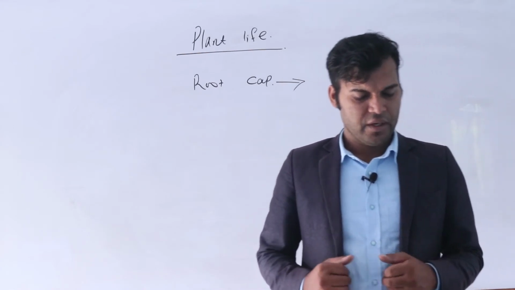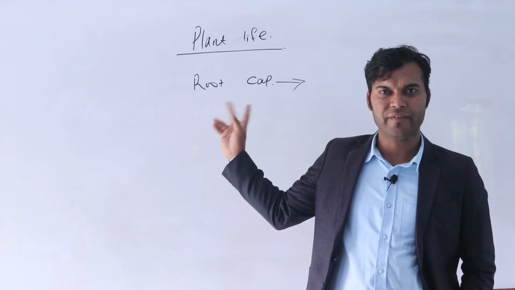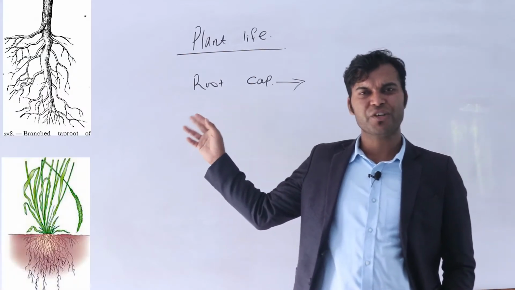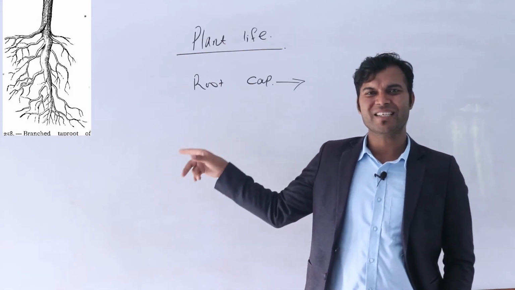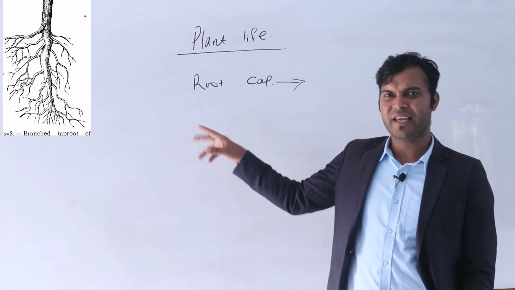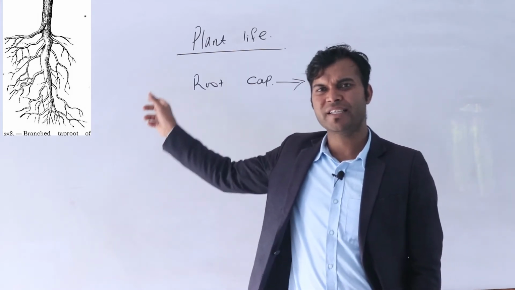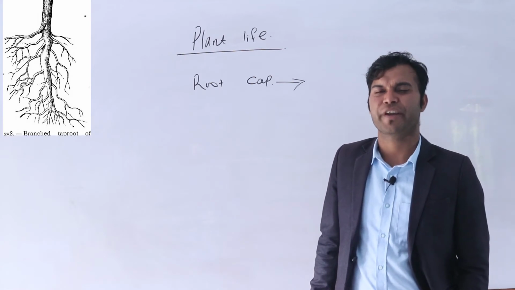Okay, functions of roots. Please look at the different types of roots. The first one is tap root and the second one is fibrous root. The first one is called the tap root because the other roots are connected at a different place; one is the main root and the others are secondary roots.